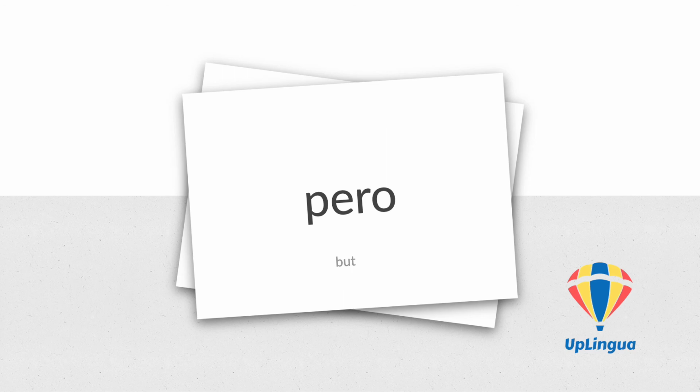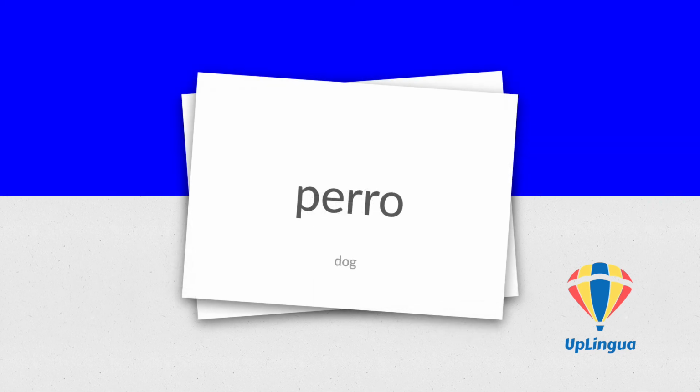Pero means but. The word but, as in but I am a good Spanish speaker, is pero, P-E-R-O. Similar to this word, the word perro, the word for dog, is P-E-R-R-O. In essence, you're adding a length in the pronunciation of the R. So instead of pero, it becomes perro.